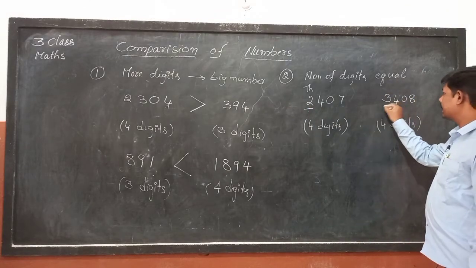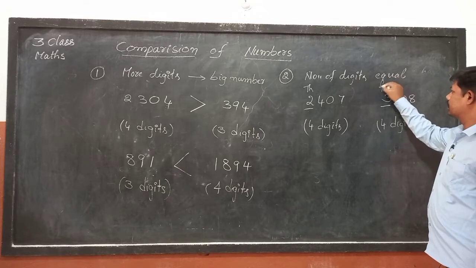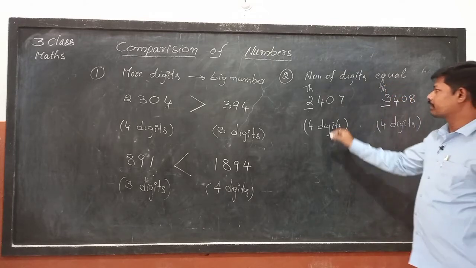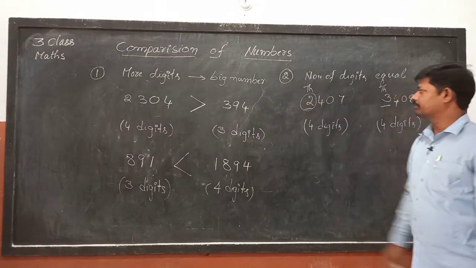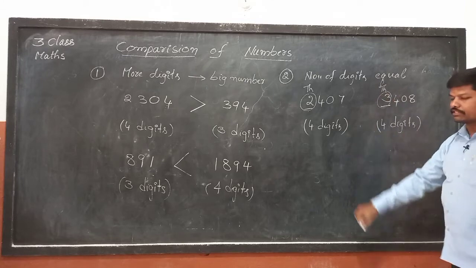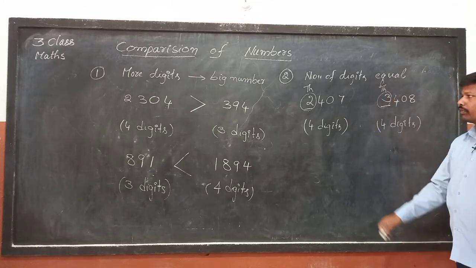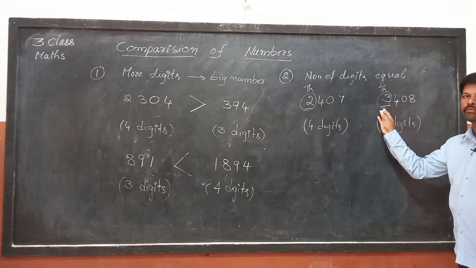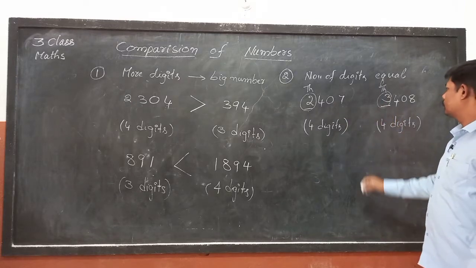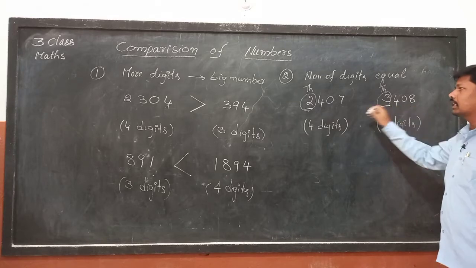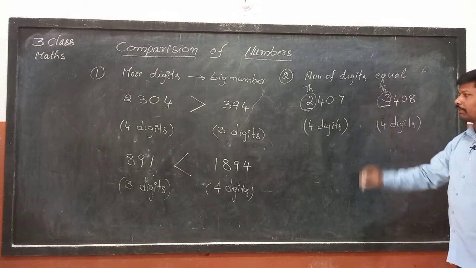Like that in the second number also, what is the digit in the thousands place? Here in the thousands place 2 is there. In the second number in the thousands place 3 is there. So which one is bigger? 3 is bigger. So this number is the big number, this number is the small number.